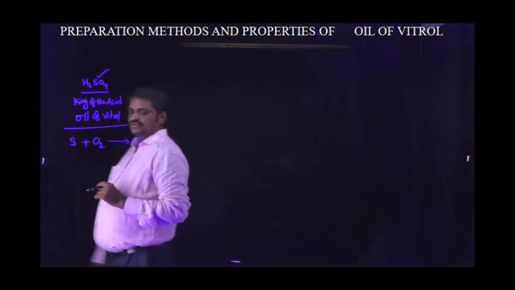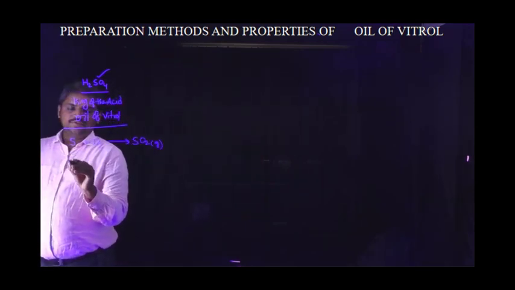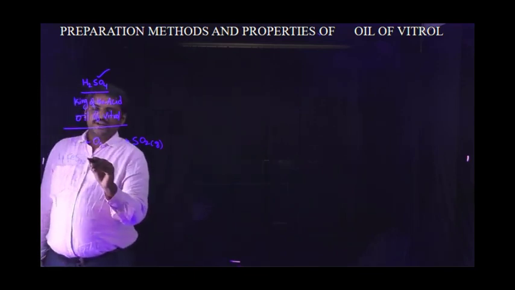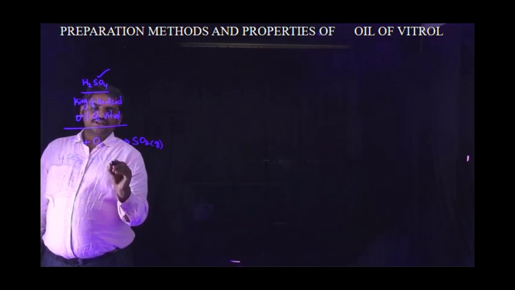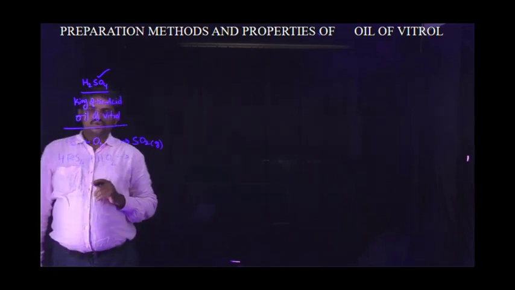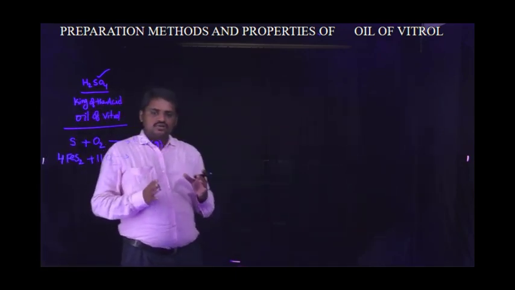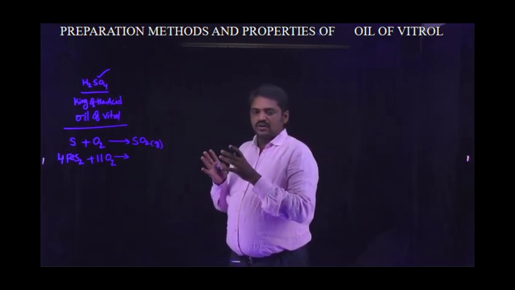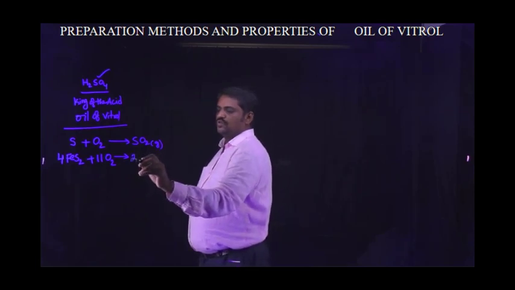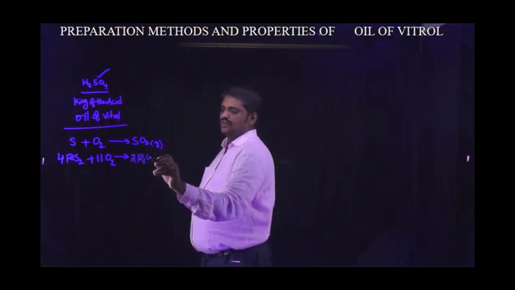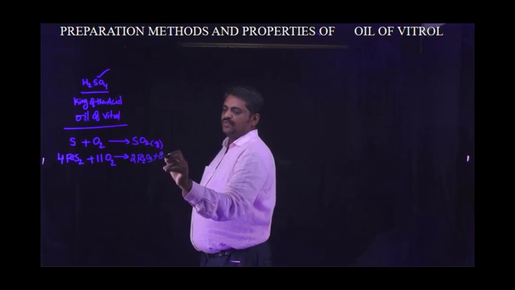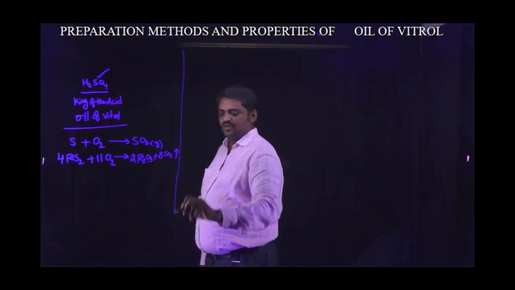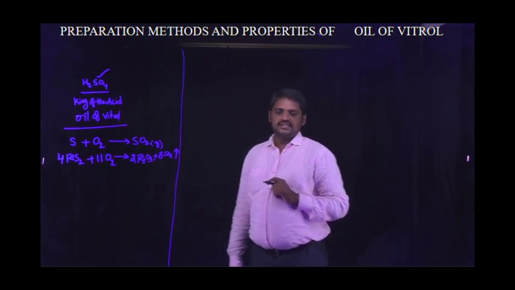And next one, iron sulfide, FeS2. Iron sulfide reacts with oxygen in the ratio of 4:11, meaning 4 moles of iron sulfide react with 11 moles of oxygen to produce 2 moles of hematite, Fe2O3, and 8 moles of sulfur dioxide gaseous molecule are eliminated.